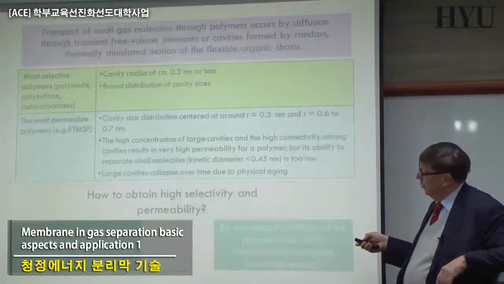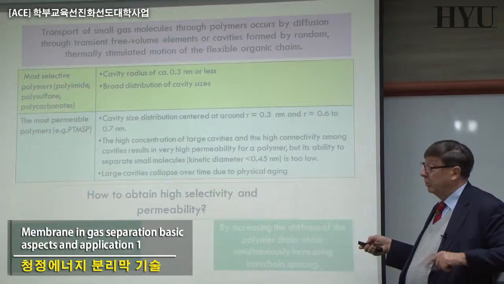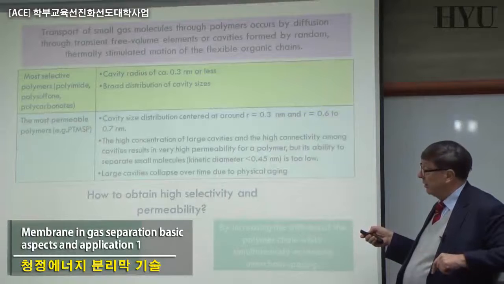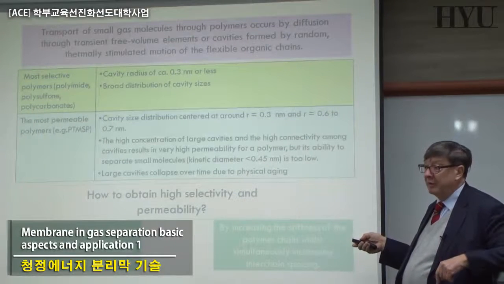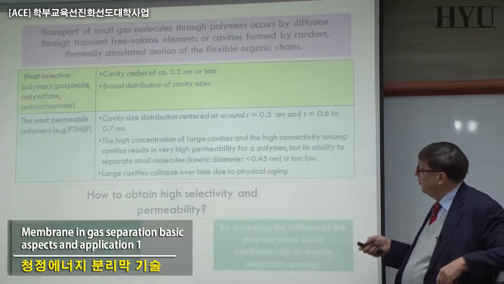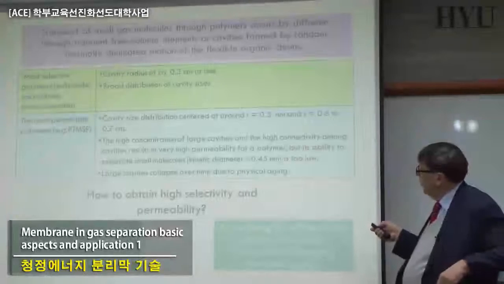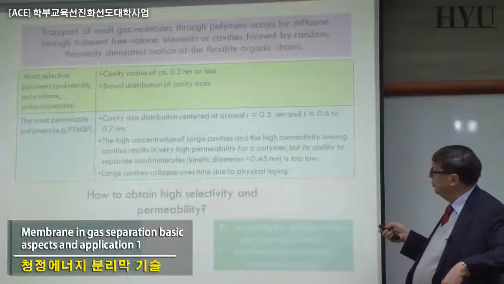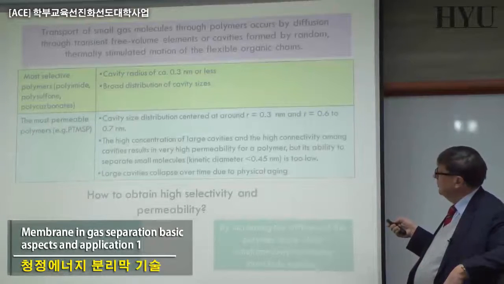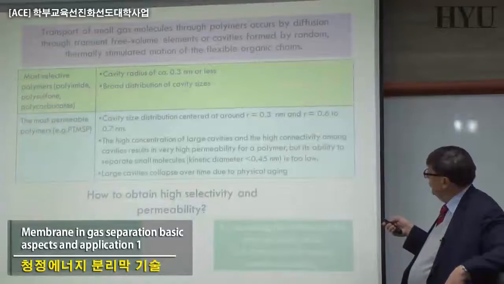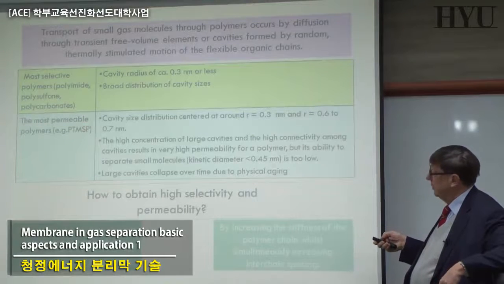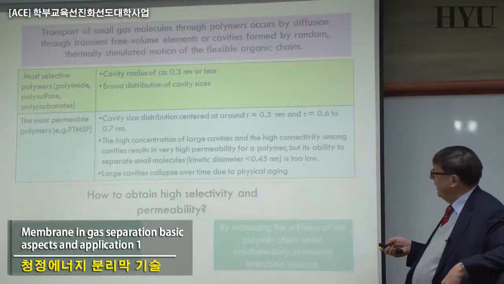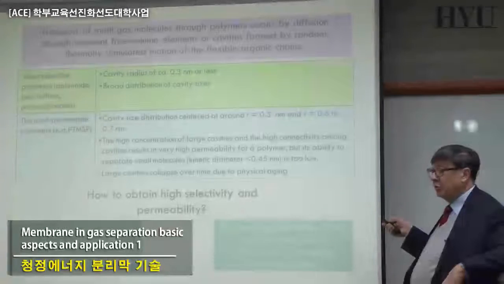These were the most selective material. The most permeable one is the polytrimethylsilylpropene that we were mentioning before, from the glassy. Again, here the cavity size distribution is around the same number, 0.3 nanometer, and with a radius of between 0.6 and 0.7, basically. And they have a very good connectivity.